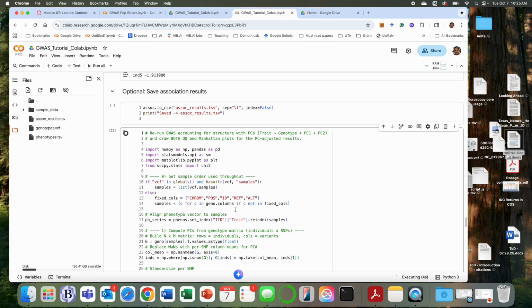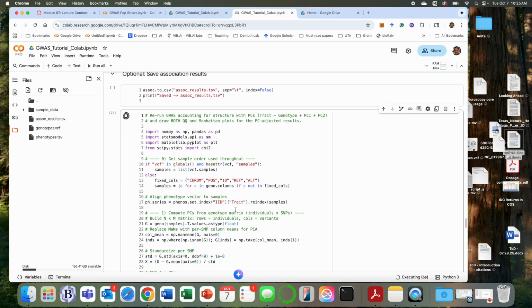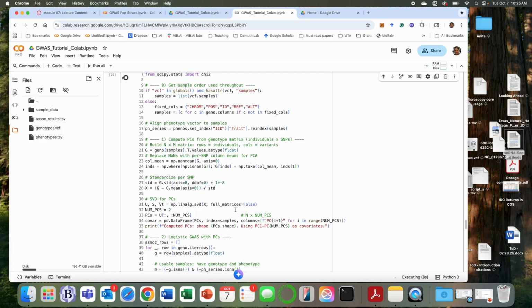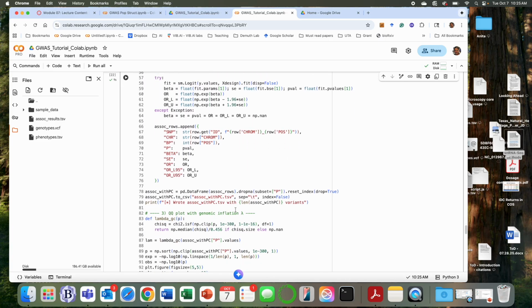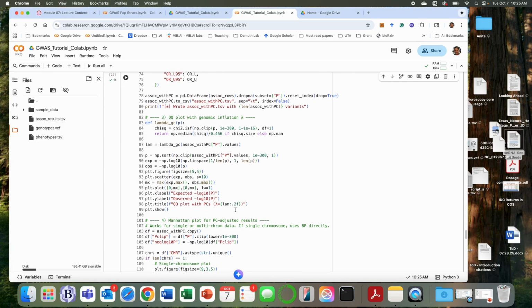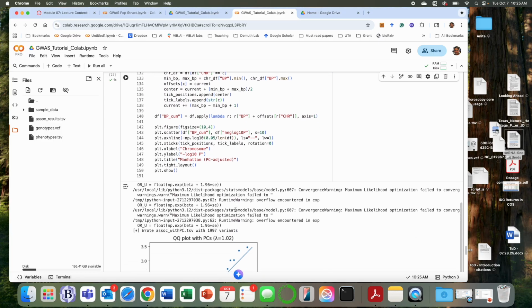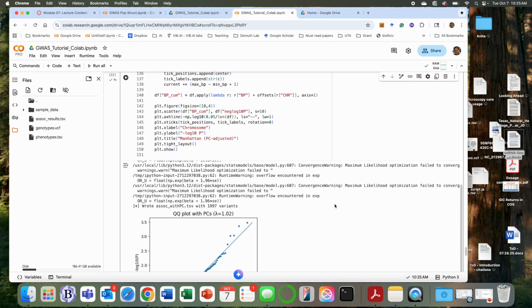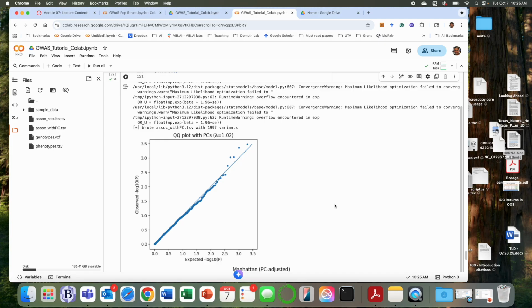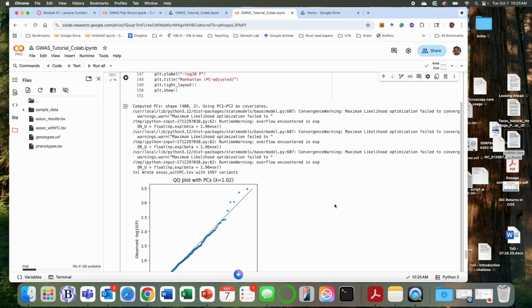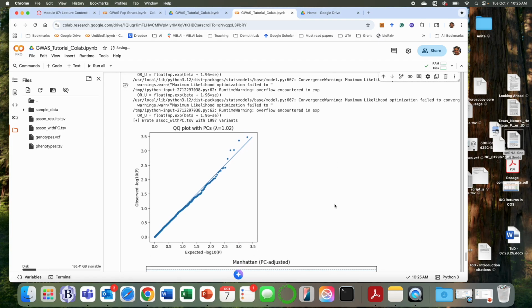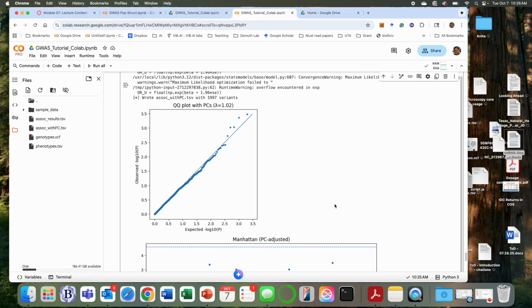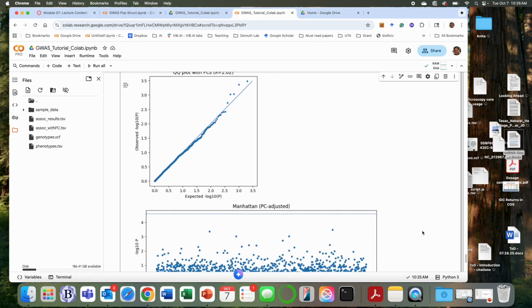So it's going to use that subpop information. It's basically rerunning the whole pipeline, but in one cell. And so you can see it generated the QQ plot and the Manhattan plot again at the bottom.